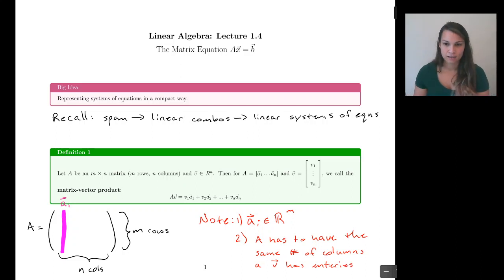If A has too many or too few columns, then you're going to run out of space over here with V or something, and things aren't going to match up.